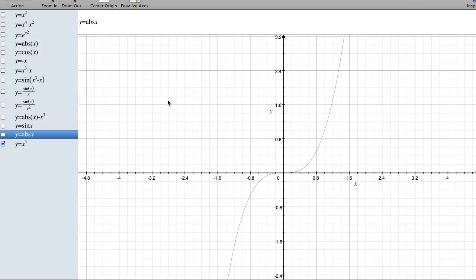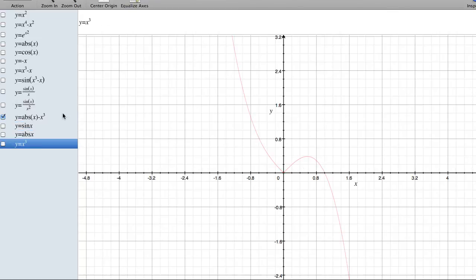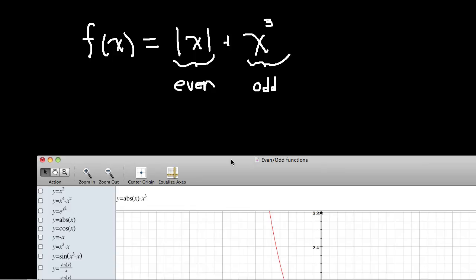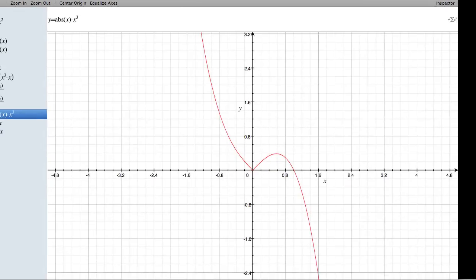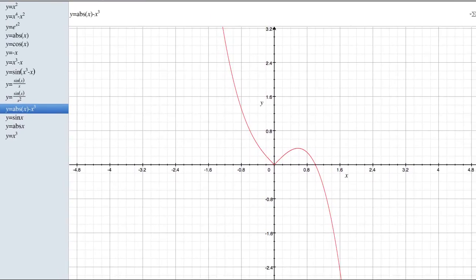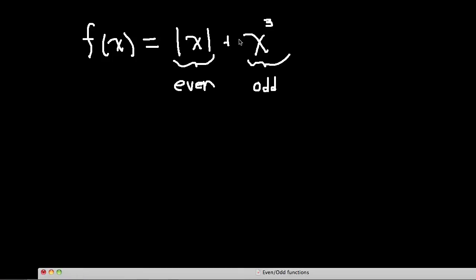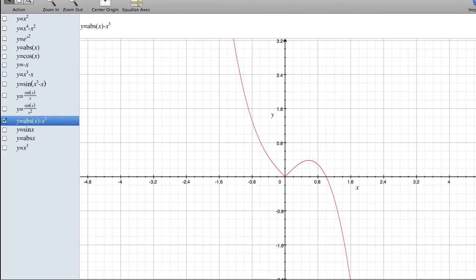So we have the function which is given by the difference between these two, which is this function right here, and we could write the function which is given by the sum of those two, which is the one I have just plotted out. This is the sum of absolute value of x plus x cubed. So let's plot out what that is.